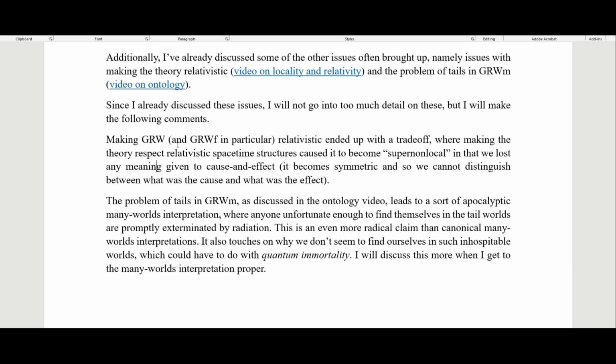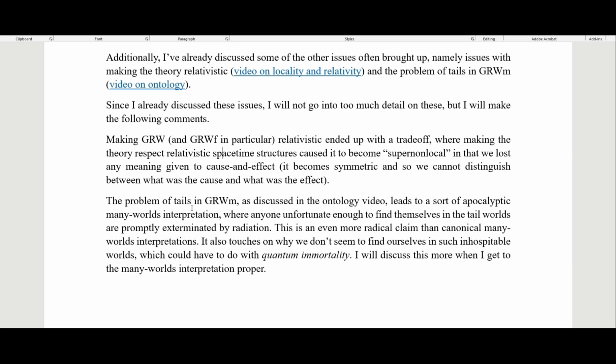Making GRW and the flash ontology in particular relativistic ended up with a trade-off, where making the theory respect relativistic space-time structures caused it to become super non-local, and we lost any meaning given to cause and effect. What I mean by that is it becomes symmetric, and so we cannot distinguish between what was the cause and what was the effect.